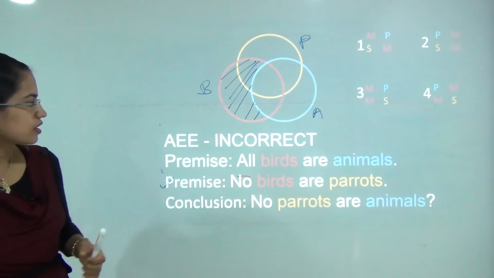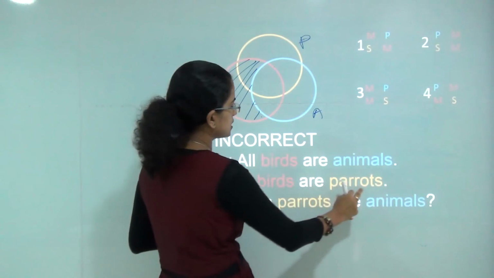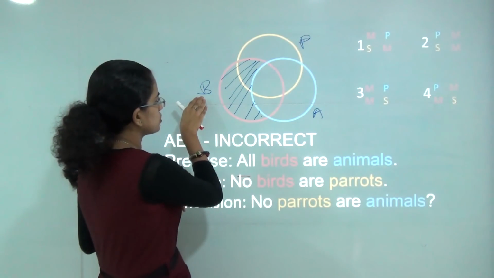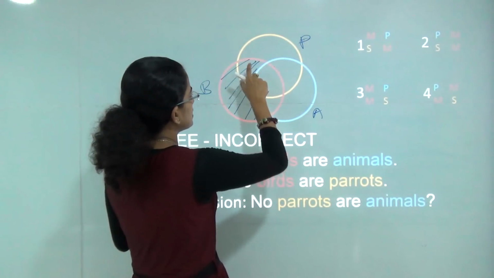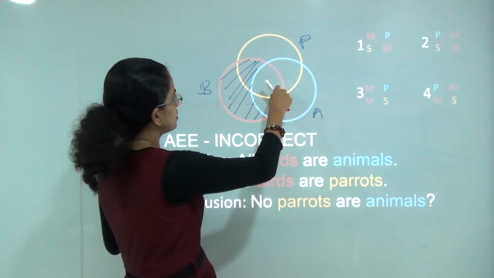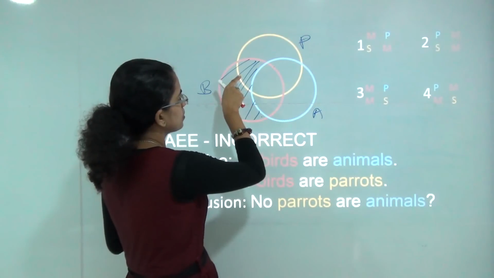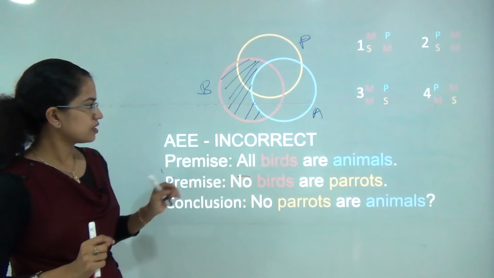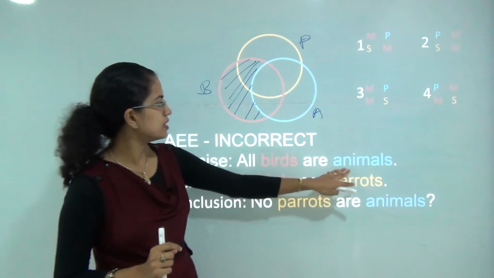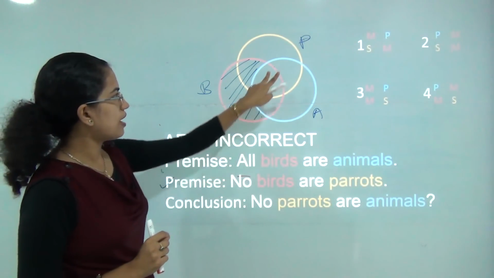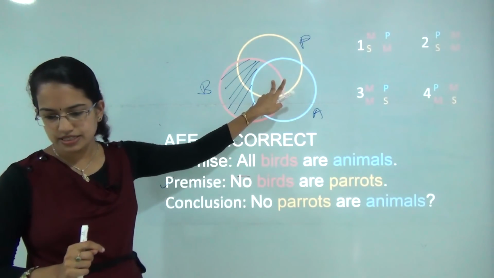Now I say no birds are parrots. So you have birds and parrots and none of the birds is a parrot. That means which region should I mark out? The first was all birds are animals, so all the birds are coming up in this region.